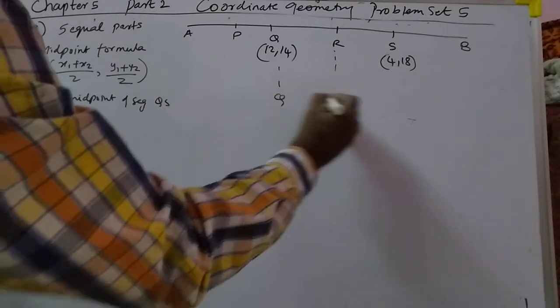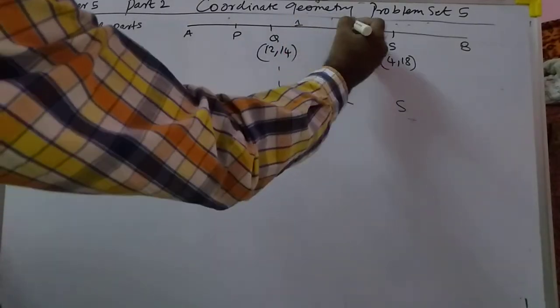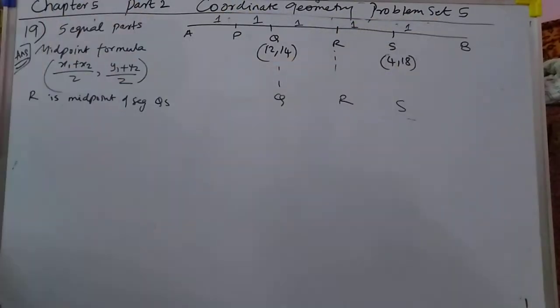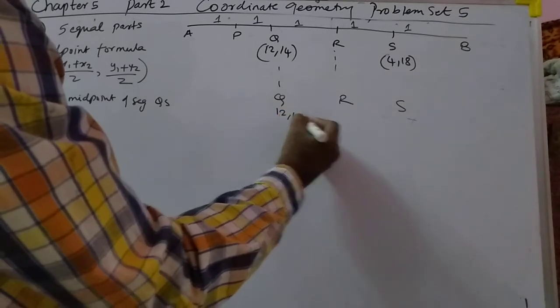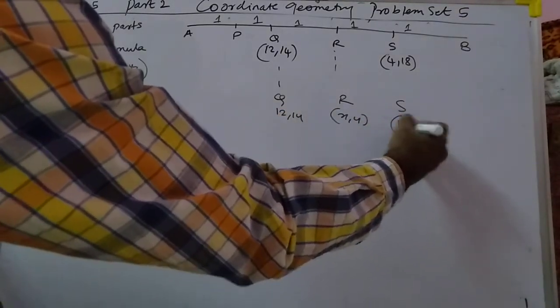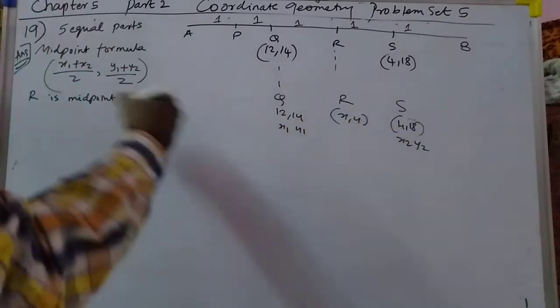Because all are concurrent parts. So it is 12 and 14, take it as x and y. 4 and 18, okay, take it as x1, y1. Take it as x2, y2. Now apply the formula.